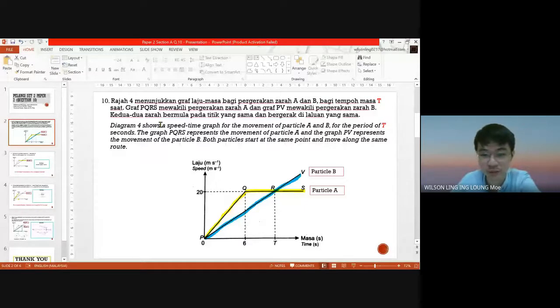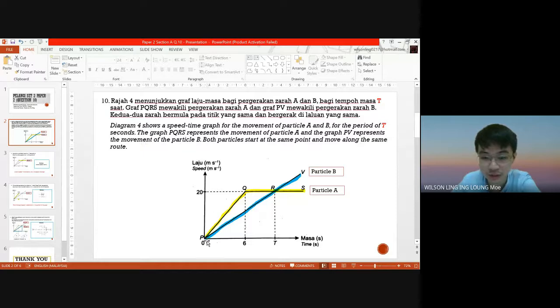Diagram 4 shows a speed-time graph for the movement of particle A and B for the period of t seconds. The graph PQRS represents the movement of particle A and the graph PT represents the movement of particle B. Both particles start at the same point and move along the same road.